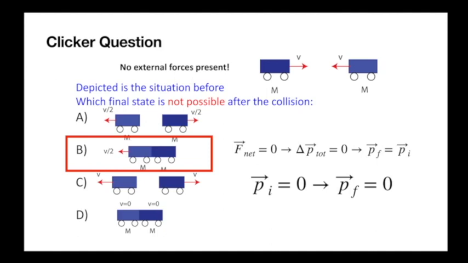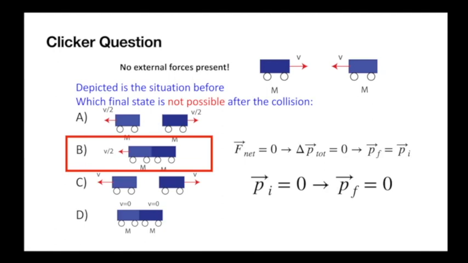And in this case, losing 0 is like an ideal case. It never happens, but it just means that no kinetic energy was lost. Nothing was absorbed. In that case, it couldn't even make a sound. But okay, so A, C, and D are all valid final states, and we'll talk about the difference between those situations next time, I think.